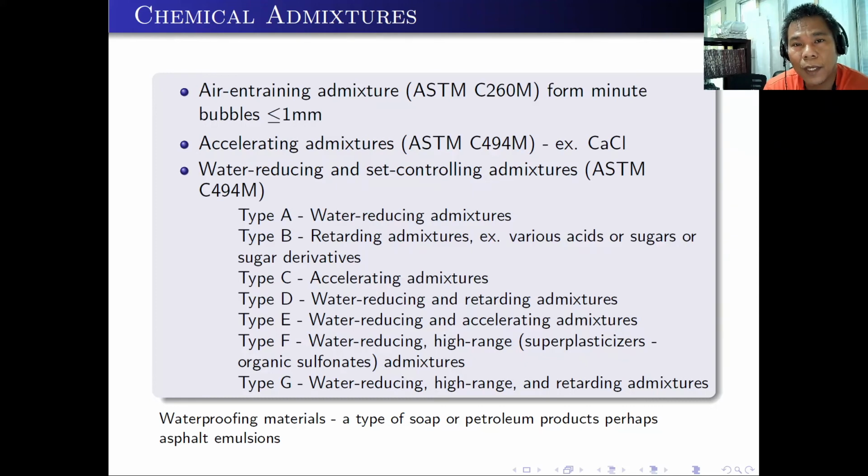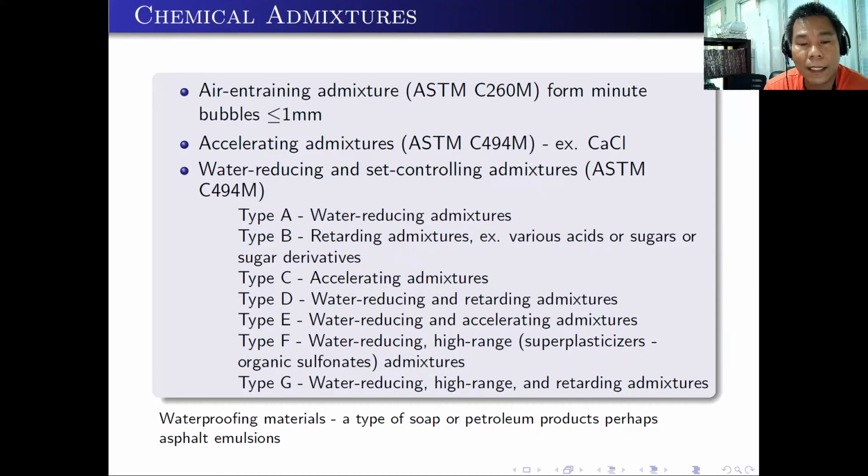So in that way, if we have to use a smaller amount of water, the workability of the mix will be affected. In order that the workability will still be good, we can use what we call the water reducing and set controlling admixtures. There are several types of it. Type A, water reducing admixtures. Type B, retarding admixtures.